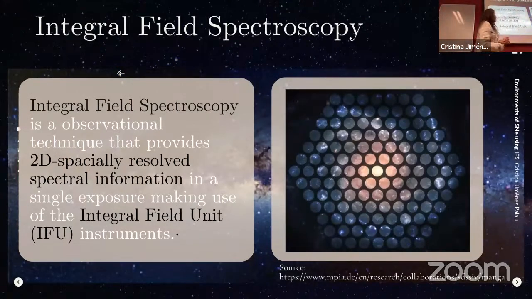As I said, I am using IFS. This is in the title of my talk. So what is IFS? In simple terms, I would say that IFS is just 2D spatially resolved spectroscopy. So instead of having just one slit, one point, you get the spatial properties of all the spaxels that you get.